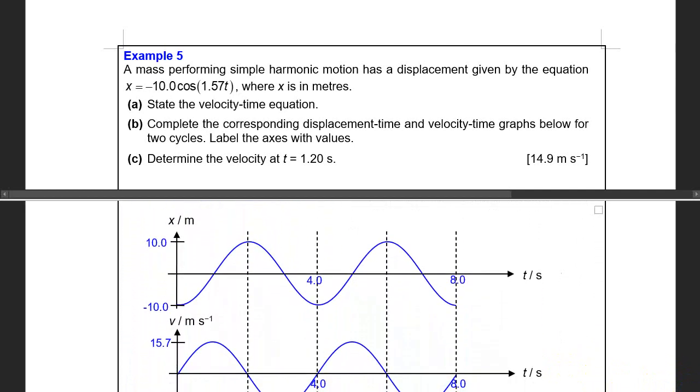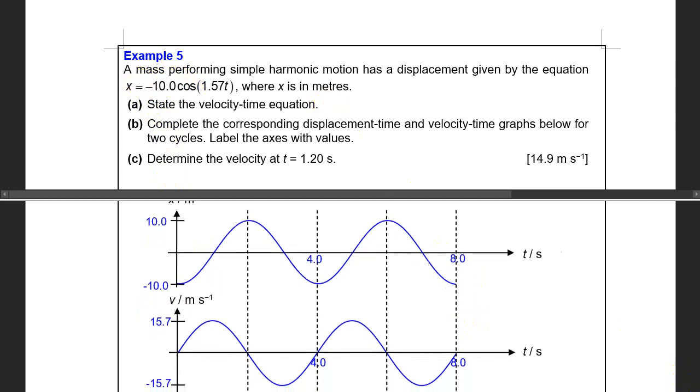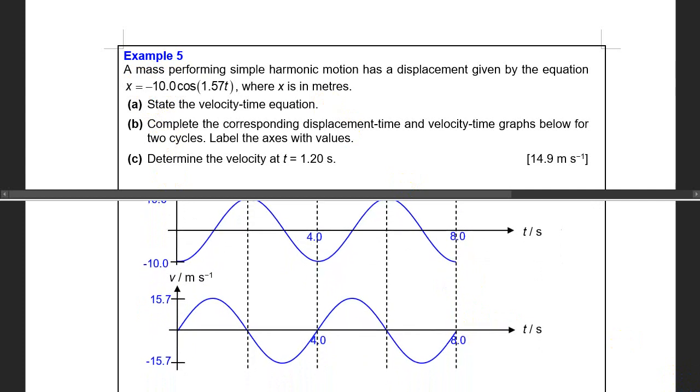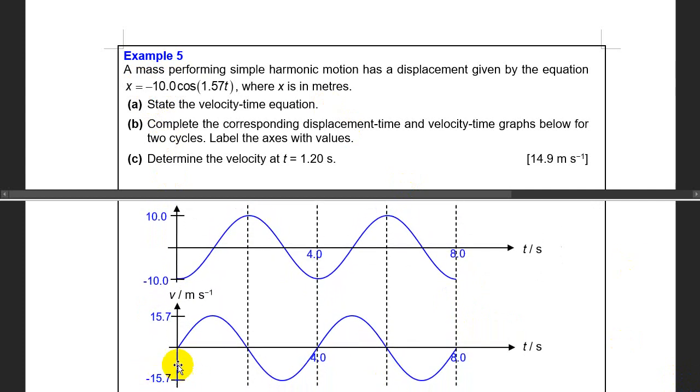This is for x, negative cosine, where the values here would be minus 10 and 10. And for the velocity-time graph, it is a sine graph, where for the values here, you look at the value just before the sine: 15.7 and minus 15.7.